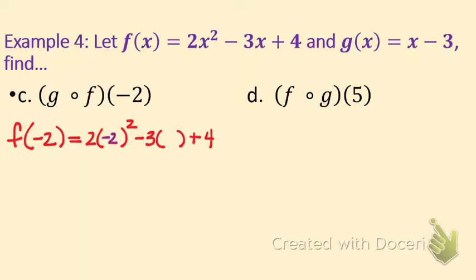Go ahead and put in negative 2. Go ahead and use your calculator. I'm going to do it without a calculator. Let's see if we get the same number. Okay, so that would be a 4, 8. 8 plus 6 is 14. All right, so I think it's 18, but make sure.